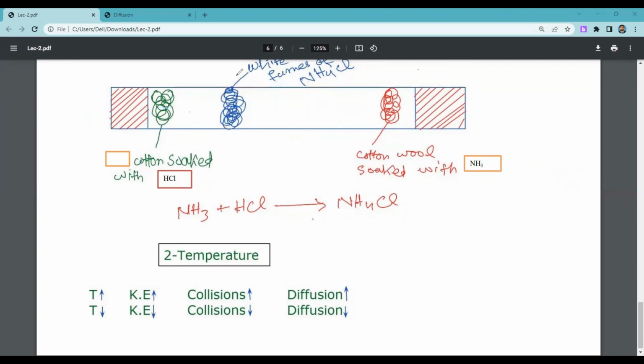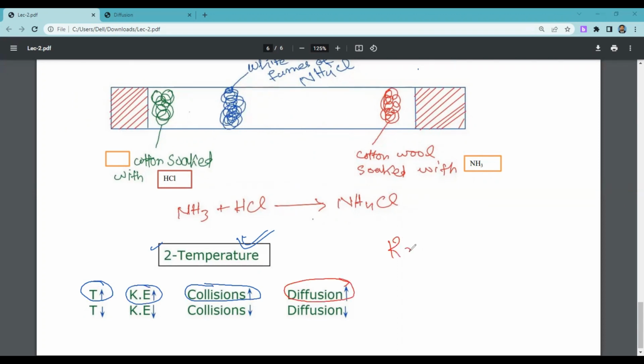Now the last one is effect of temperature on the rate of diffusion. This is not included in our syllabus, but we see it very briefly. If we increase the temperature, the kinetic energy of the particles will increase, and if kinetic energy of the particles increases, the collisions among the particles will increase, and if collisions increase, then the rate of diffusion will also increase.